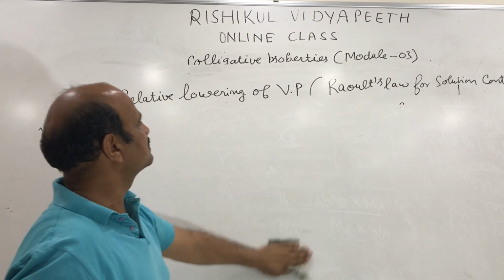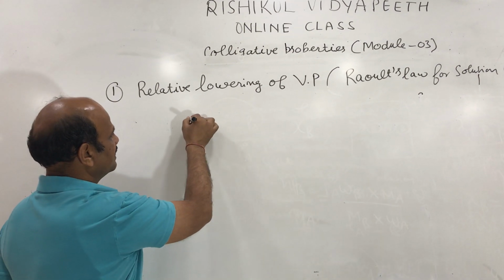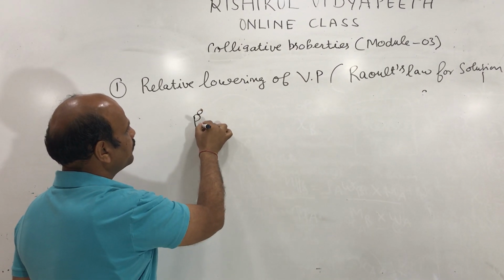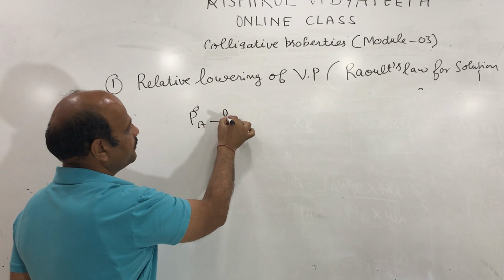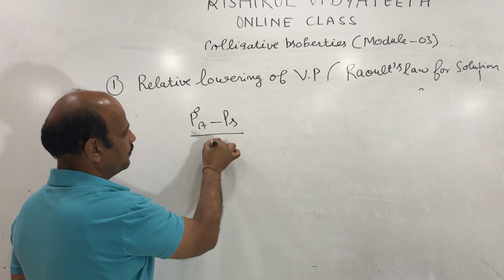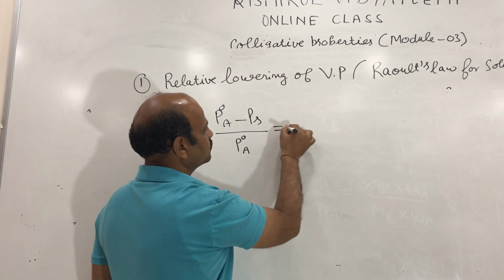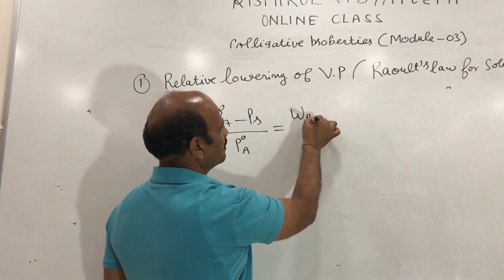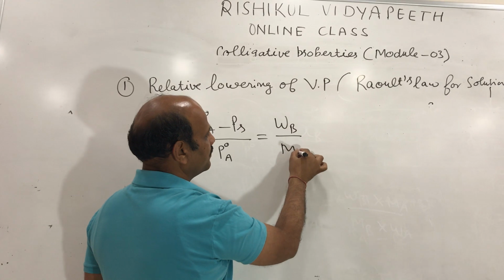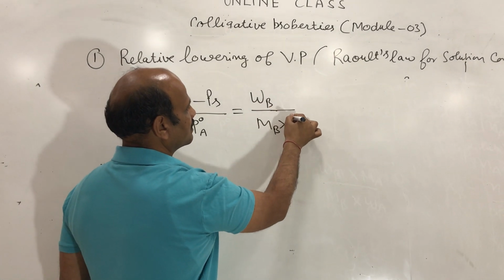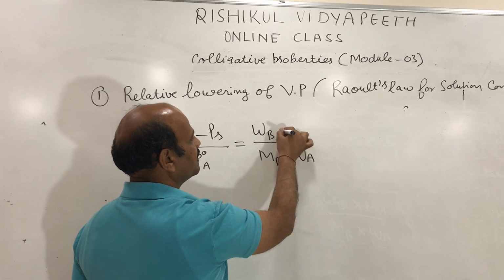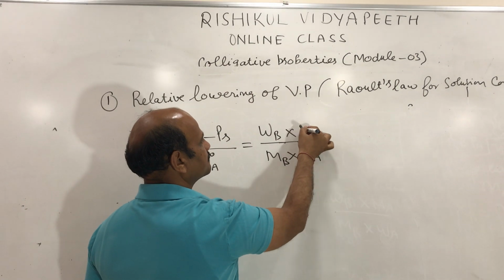Final result from this relative lowering of vapor pressure comes out to be (P°A − PS)/P°A equal to (WB/MB) divided by (WA/MA), that is, WB × MA upon MB × WA.